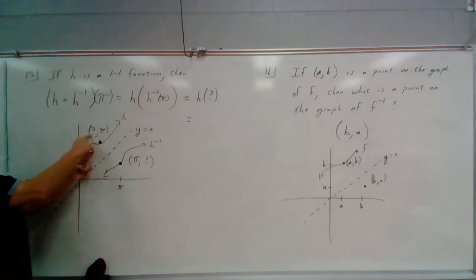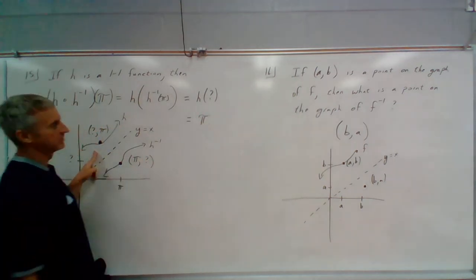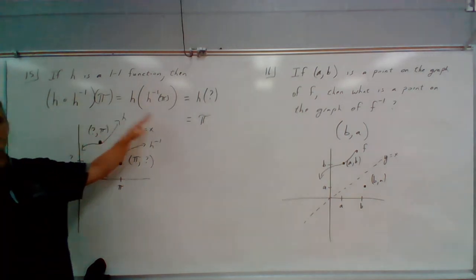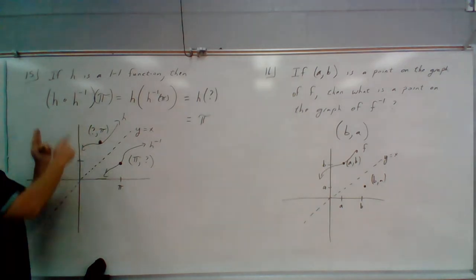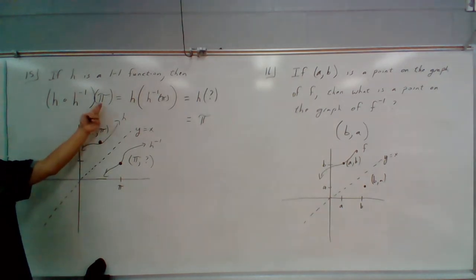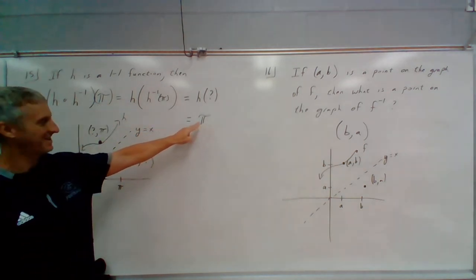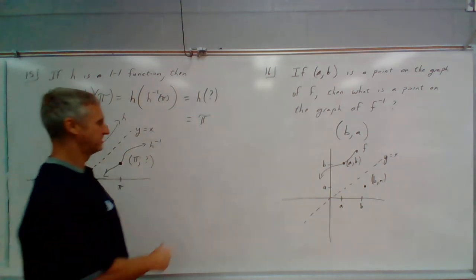Well, h of question mark is just pi. So h circle h inverse of pi is equal to pi. If you compose two inverse functions like this, whatever you plug in, you'll get the exact same thing back out.